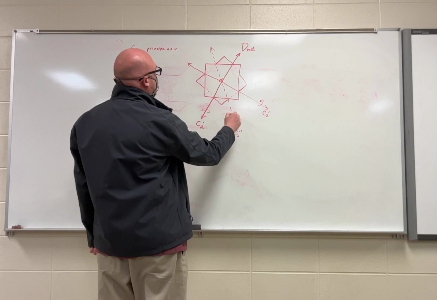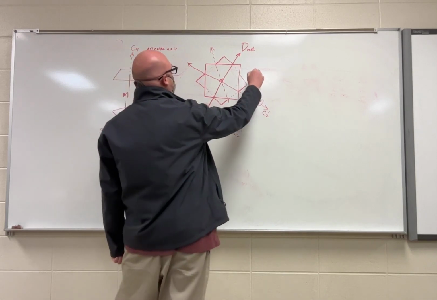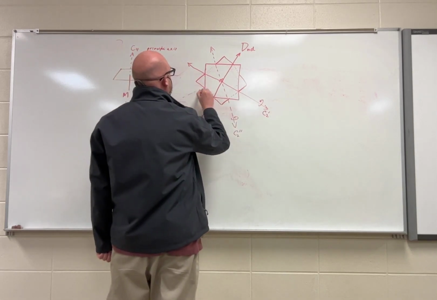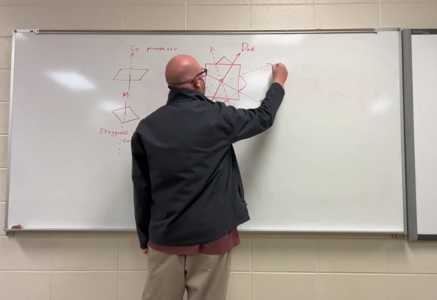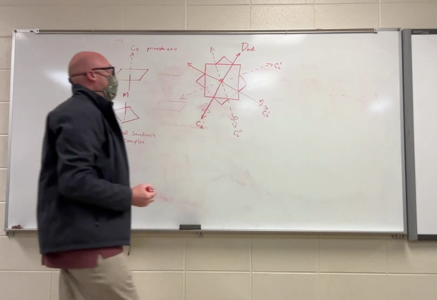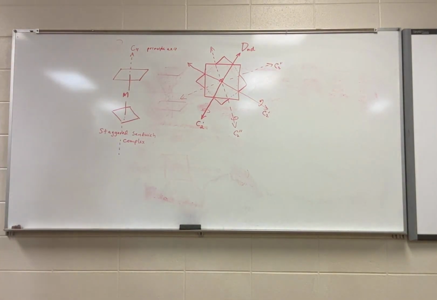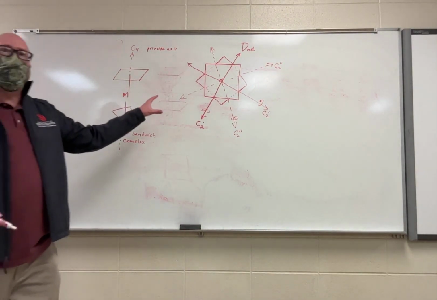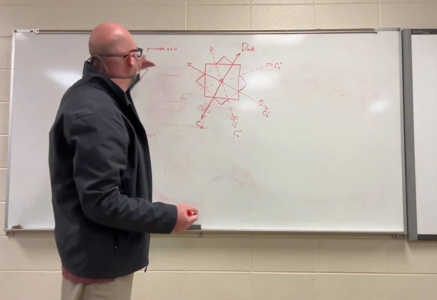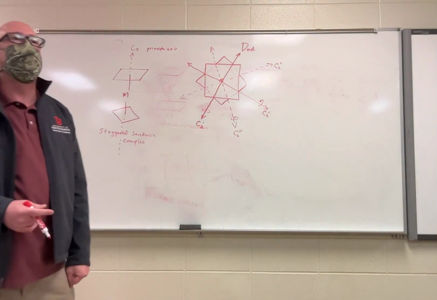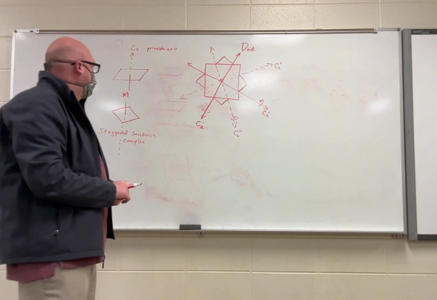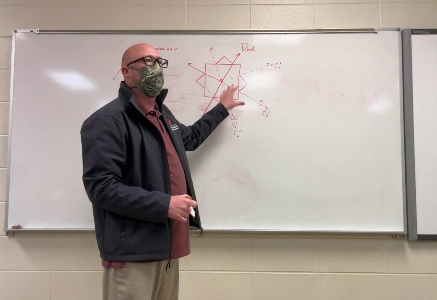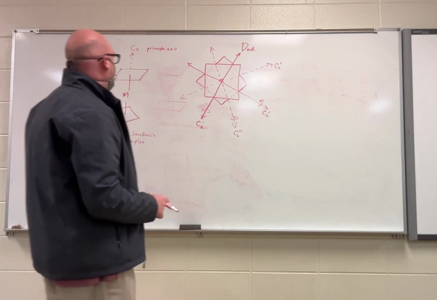But the C4 will generate the other symmetry equivalent C2 right here. Okay. So indeed, we do have 4 C2s perpendicular to the C4. Does that make sense? So that will always hold true for any DnD point group or any Dn point group.